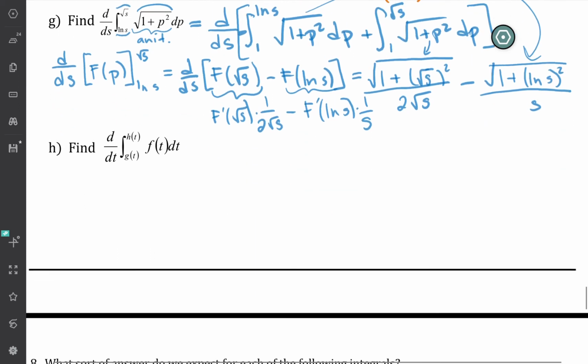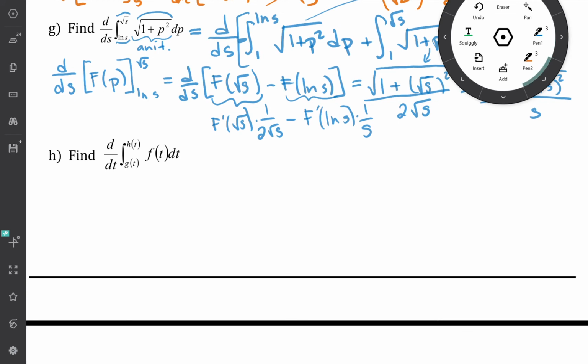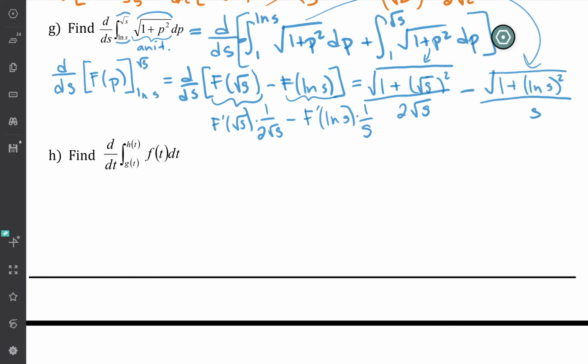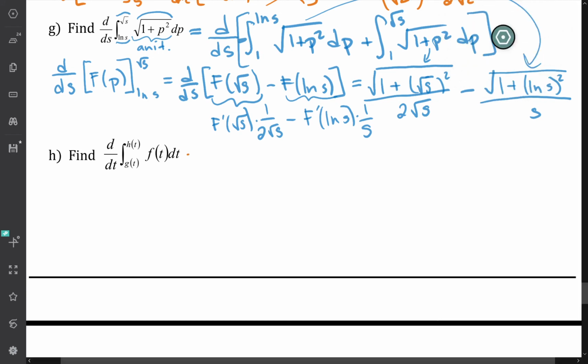Okay, so last but not least, it wants us to just really think about that generally. So here, I'll go through it in the second way that I did there, since I think the first way we walked through pretty thoroughly. So we want to take the derivative. This doesn't quite look like a fundamental theorem function or even a composition with a fundamental theorem function. So first thing I'm going to do is say, well, let's split it up.